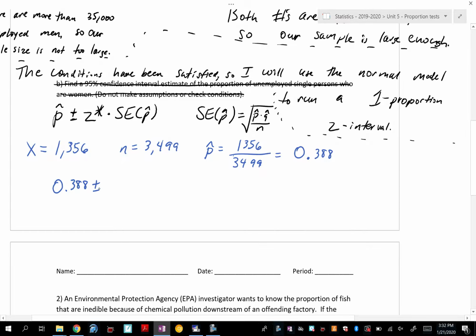Margin of error is actually z star times the standard error, because every interval we do is going to be a statistic plus or minus the margin of error. So anything after the plus or minus is considered the margin of error. Basically, we're saying, I don't know what proportion of all unemployed men are married. My best guess, based on the survey, is about 39%.